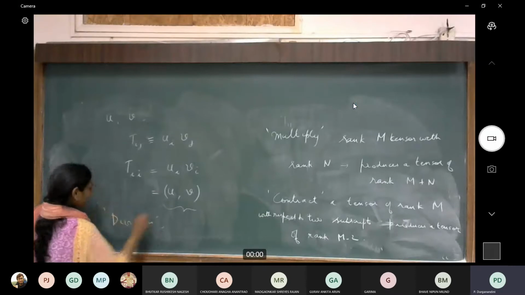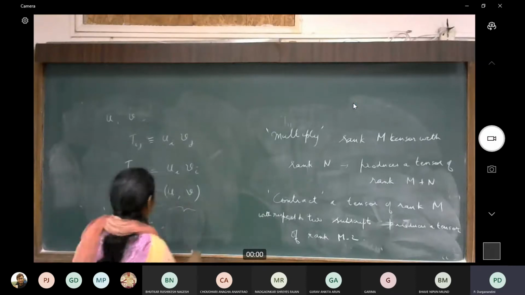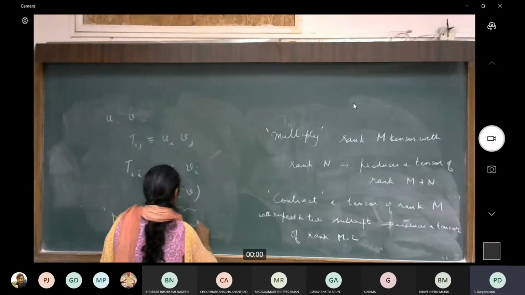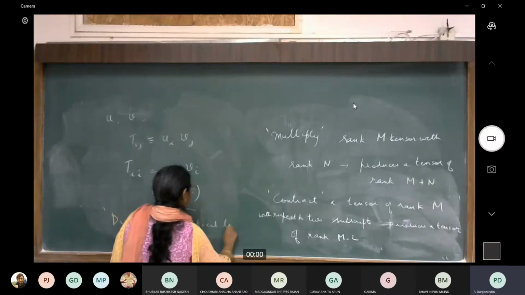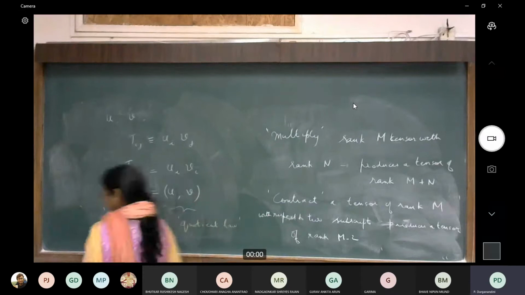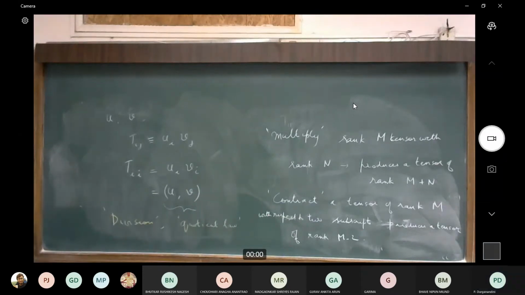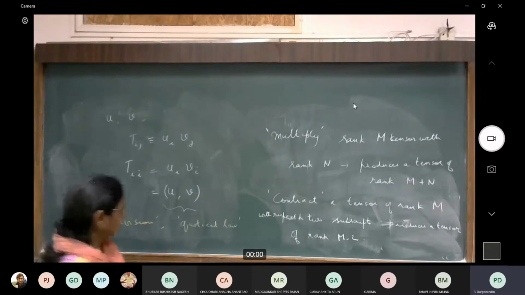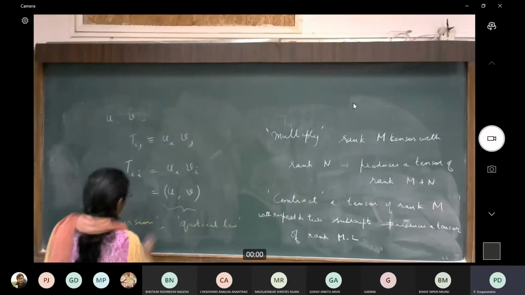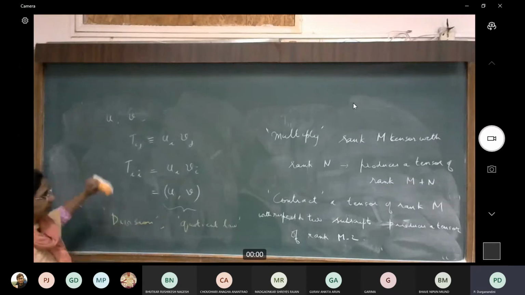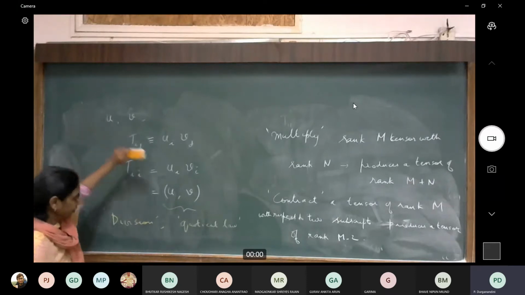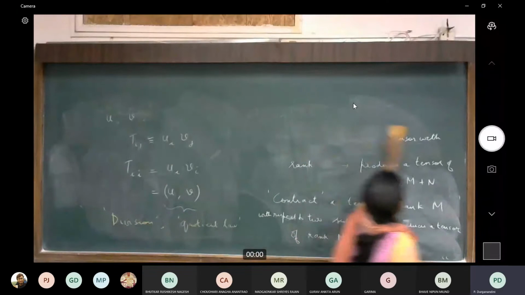Well, you can't explicitly divide A by B two tensors, but we can talk of something called a quotient law, but I will postpone that for a little later, when we do examples in analytical finance or exercises, because even if I say it now, it won't be very useful.